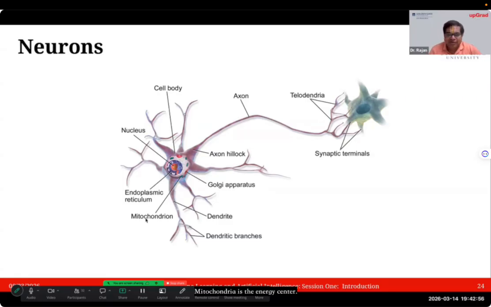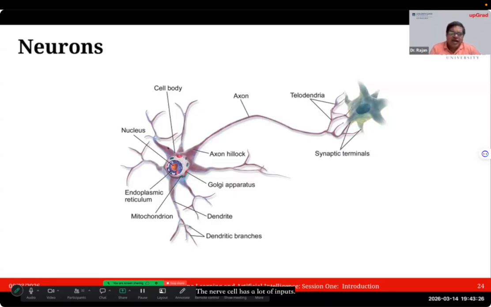Mitochondria is the energy center. Basically, it breaks down the incoming glucose molecules or protein molecules and converts them into ATP, adenosine triphosphate, so that energy can be utilized for functioning. That's not important for us. Something happens biologically. We are not interested in the biology. We are interested in the mathematics or function of it.